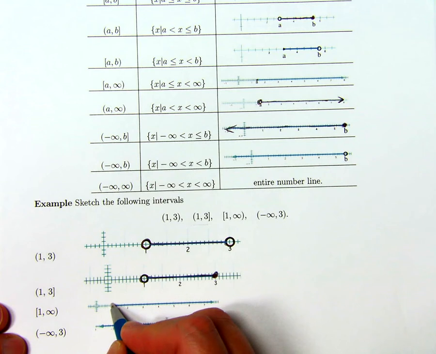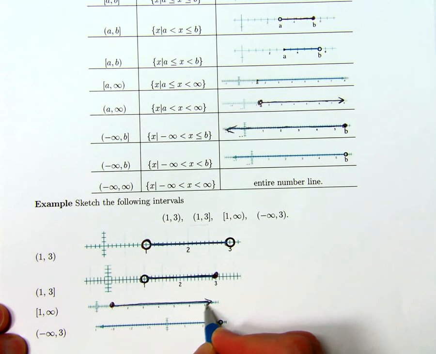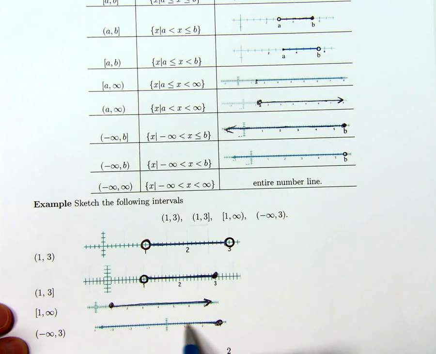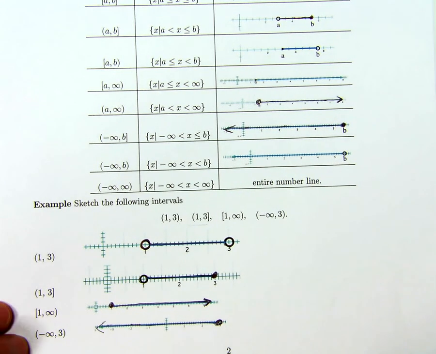1 to infinity includes 1 and everything above it, which we indicate by that arrow, and everything strictly less than 3, well, 3 is not included, so we put a hollow dot at 3, and then we include everything to the left.